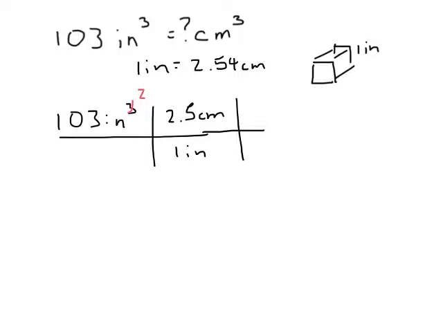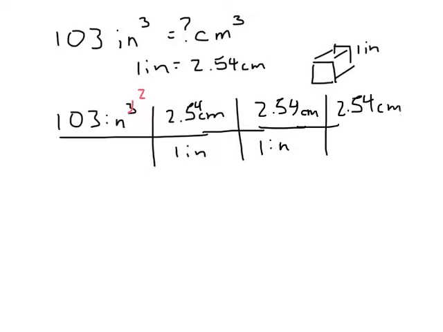So I'm not done. Since I have inches cubed, I actually need to repeat this step 2 more times, for a total of, I got lazy there, forgot to write that 4, for a total of 3 times, so that I cancel out all of my inches, and now I'm left with centimeter times a centimeter times a centimeter, which is centimeters cubed, what I wanted.